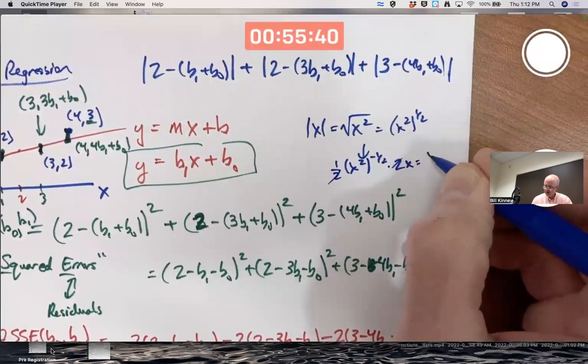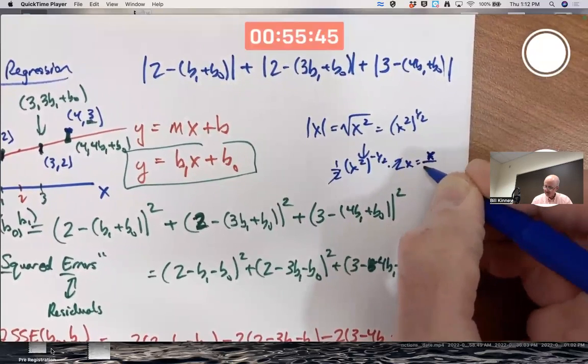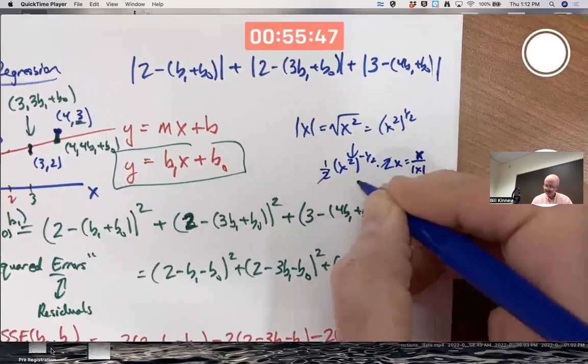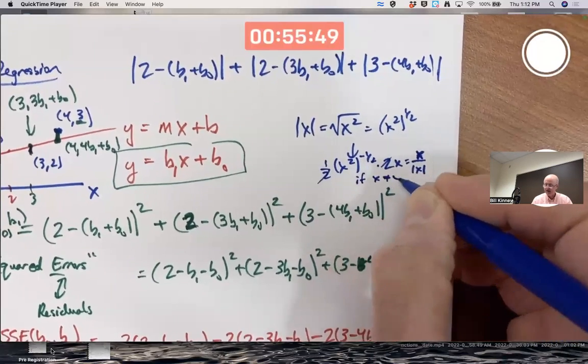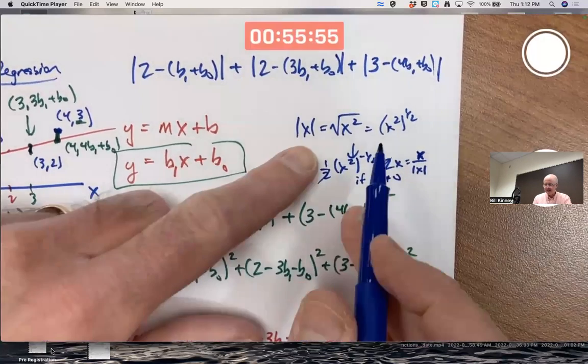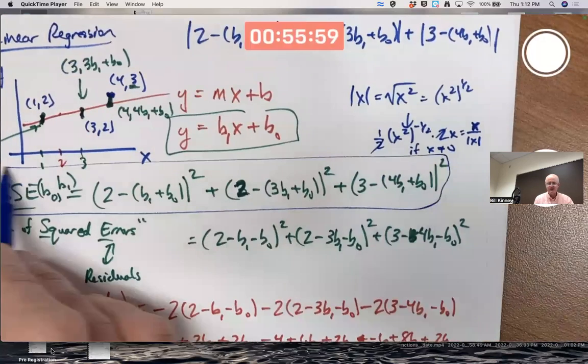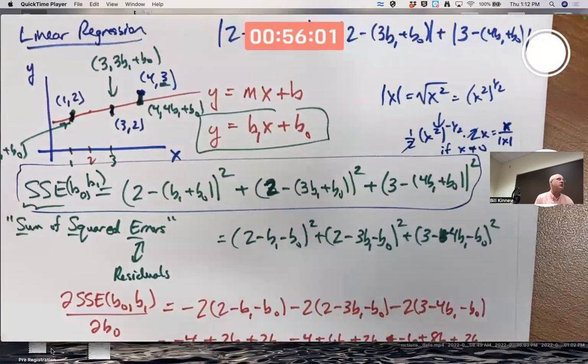You get x over the absolute value of x, actually, if x is not 0. But again, the absolute value function is not differentiable at 0, and that could be a problem. And if I related things to square roots, it would get even messier. This seems simpler. So that's one motivation for doing it this way, is it's simpler.